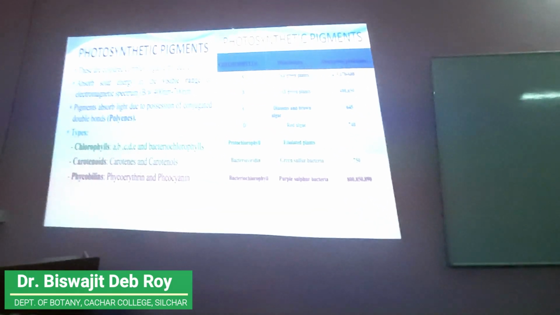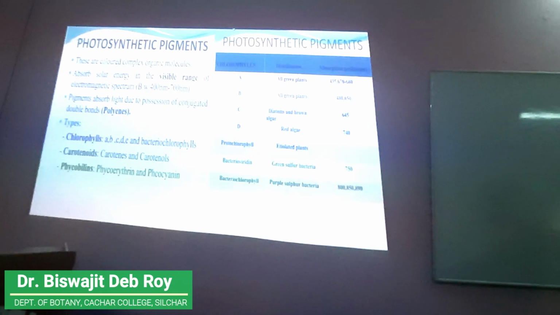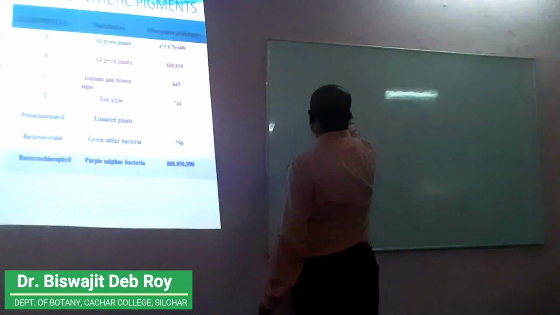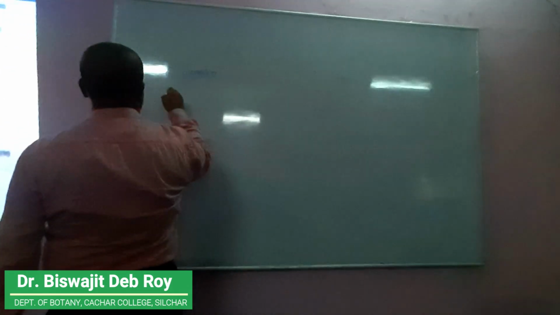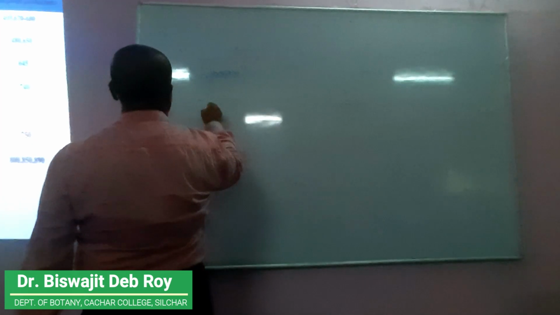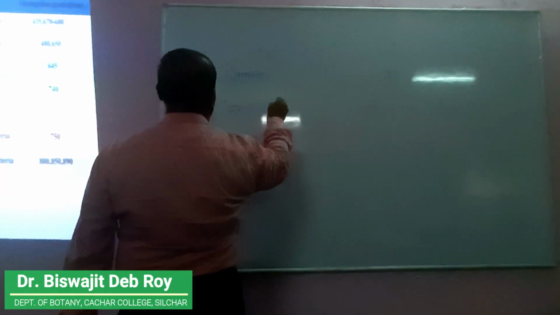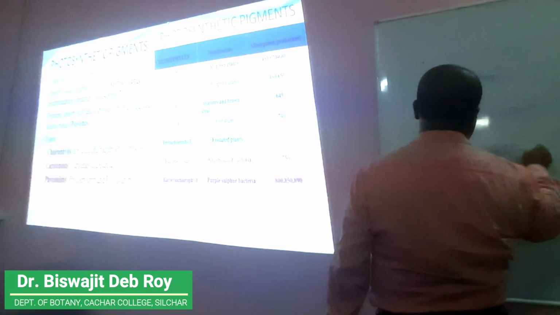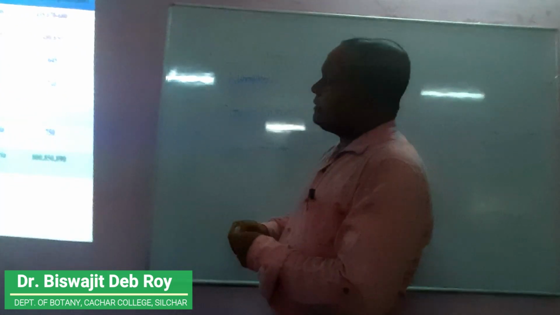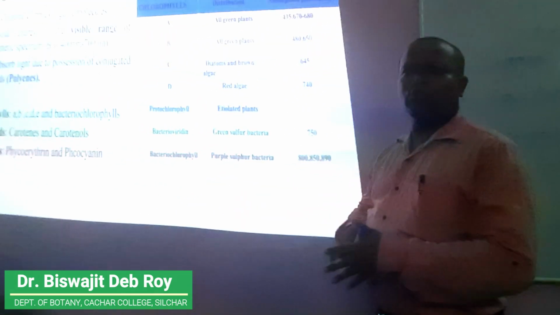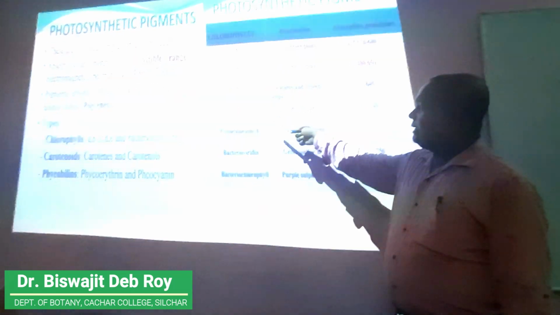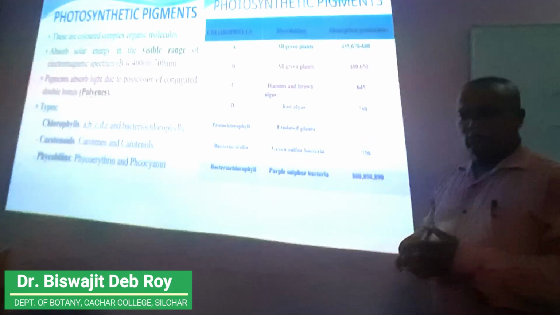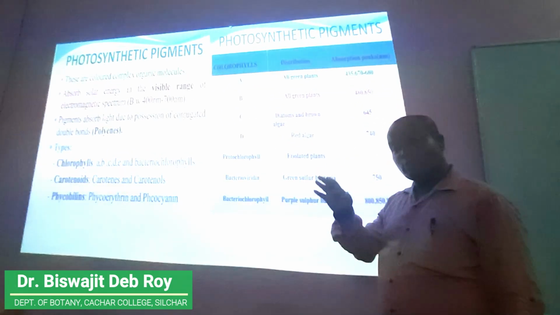There are basically three types of pigments: chlorophyll, carotenoids, and phycobilins. In chlorophyll, there are different types: A, B, C, D, protochlorophyll, and bacteriochlorophyll. Bacteriochlorophyll occurs in prokaryotic organisms like bacteria, and bacteria also perform photosynthesis.